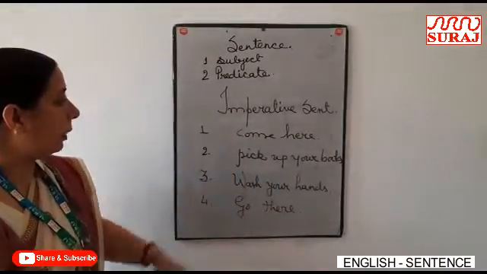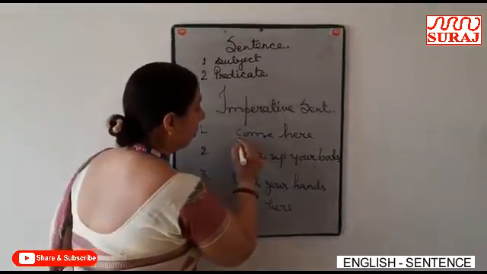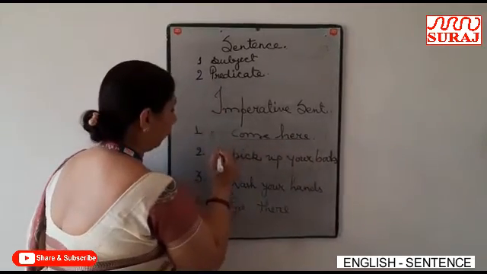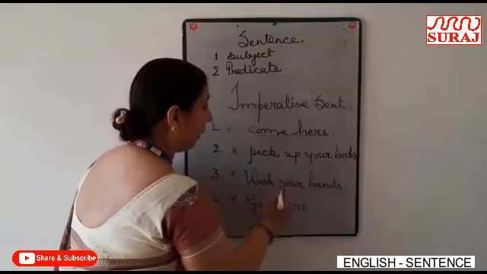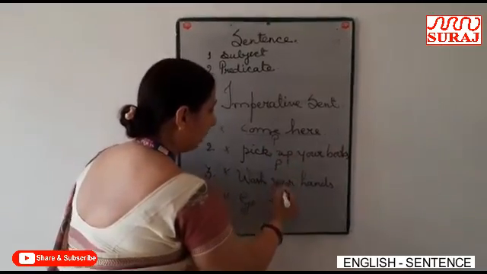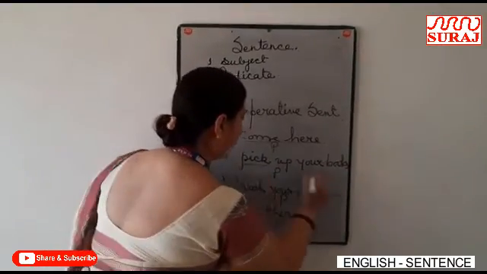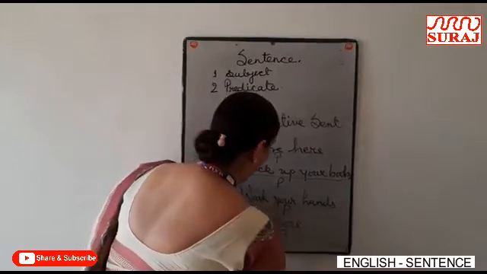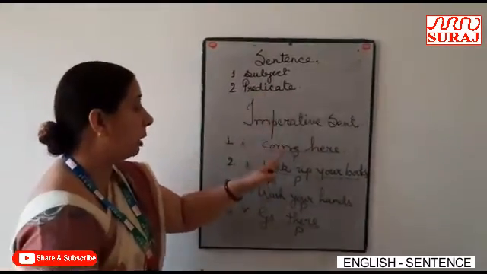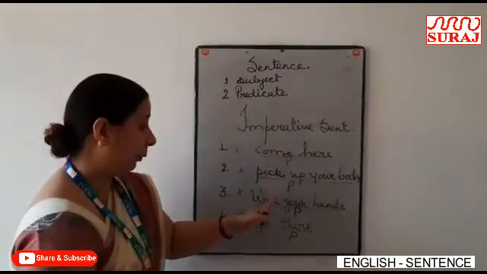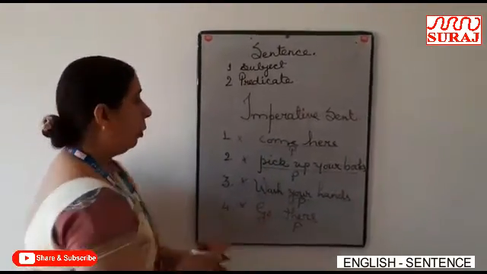Look at these examples. There is no subject. These all are predicate. Mostly the part after the subject, that one is predicate, starts from a verb.